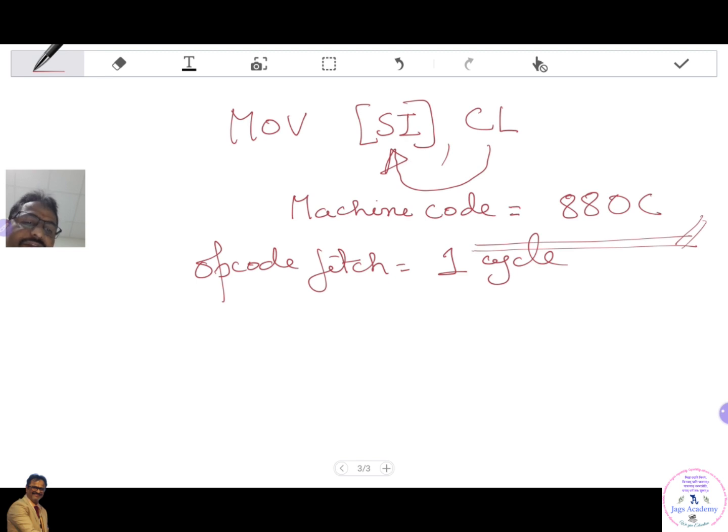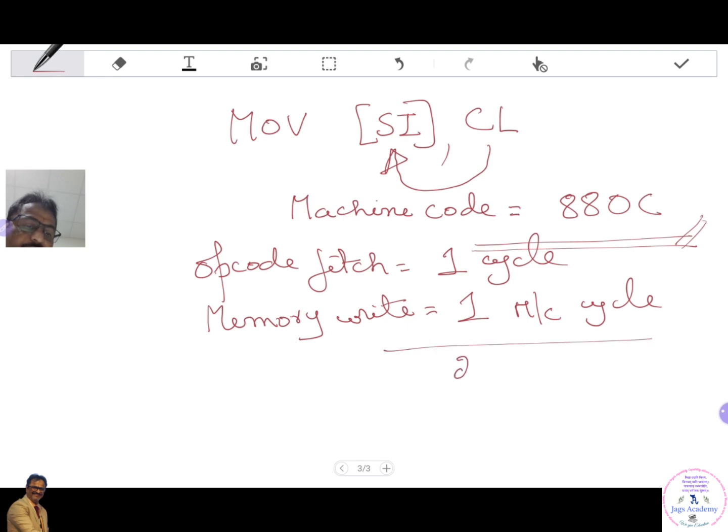There is a memory write operation. For this you need one machine cycle. So totally you need two machine cycles.